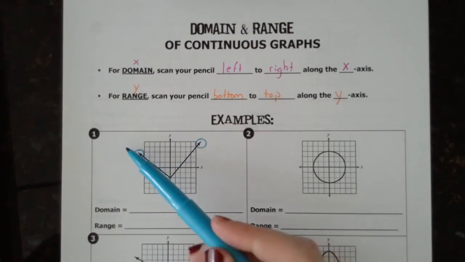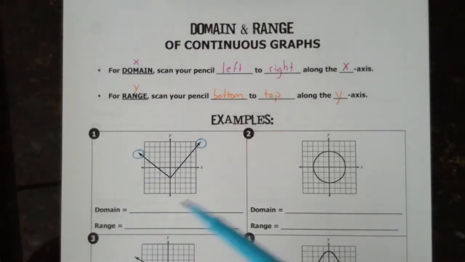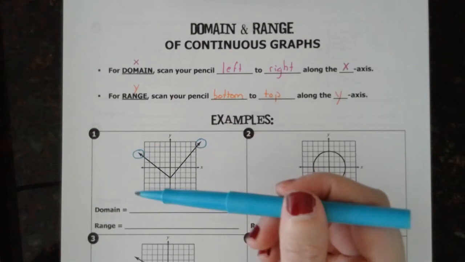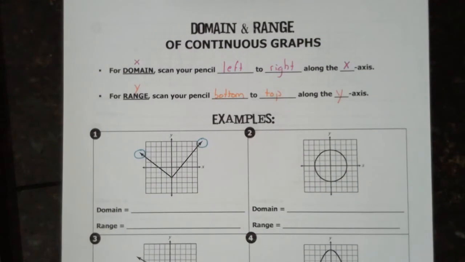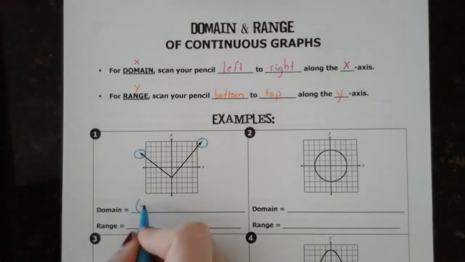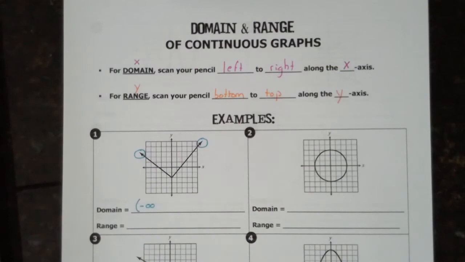So if you continue to go in the direction of your negatives forever and ever, this is what we like to call negative infinity. Also, I'm going to be using interval notation, which is where we use parentheses, okay? And I'm going to be using it a lot, so just follow along.